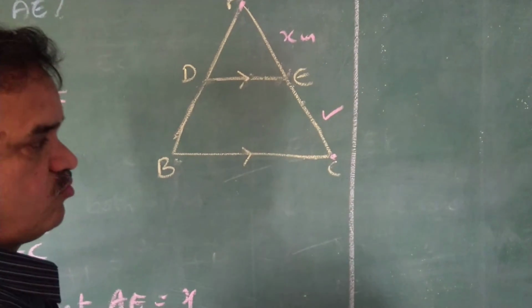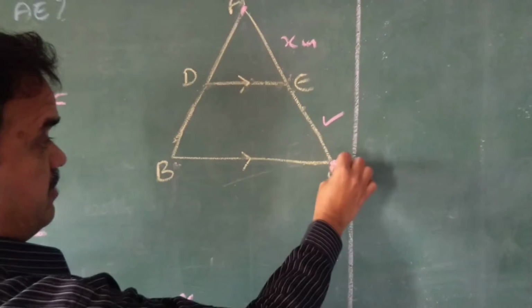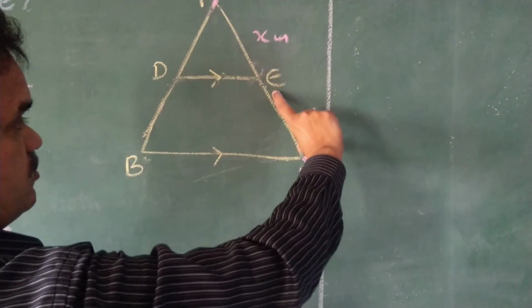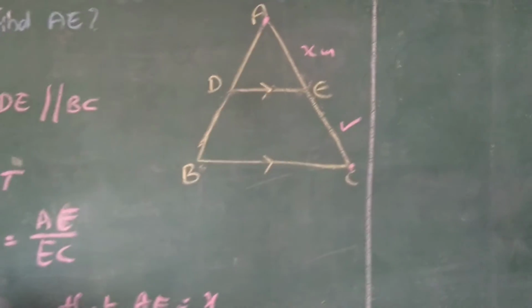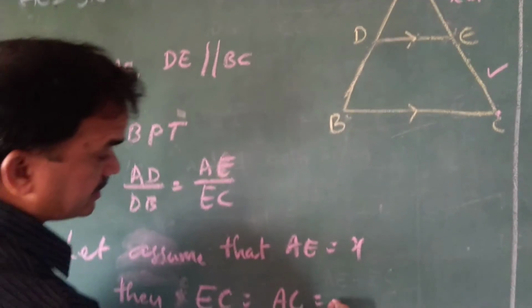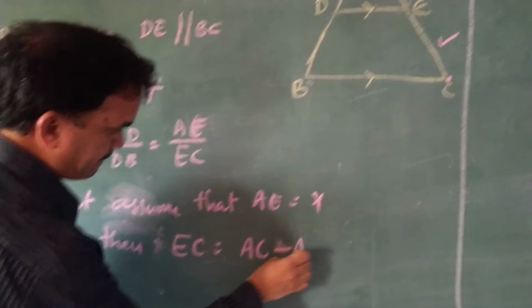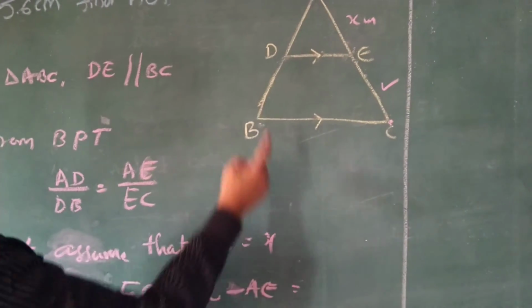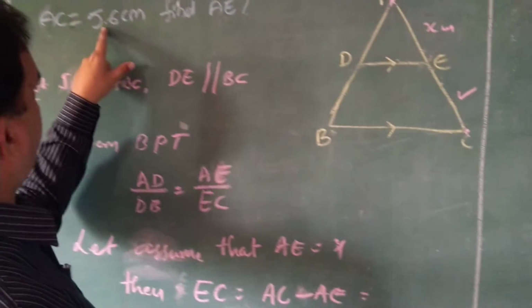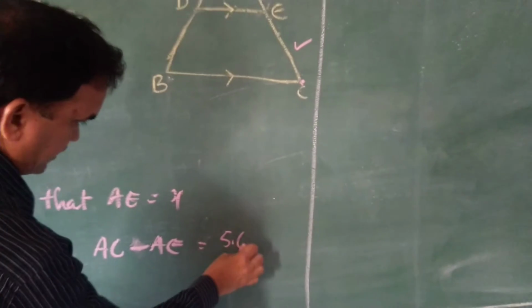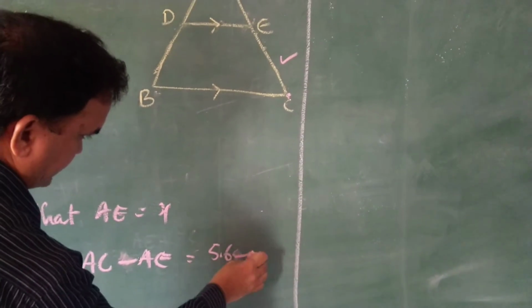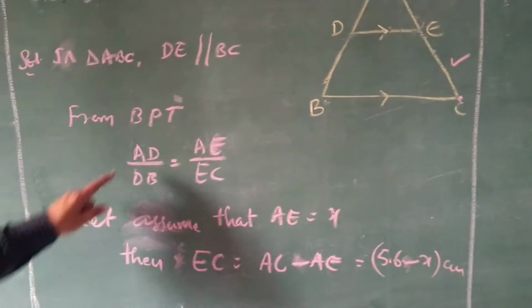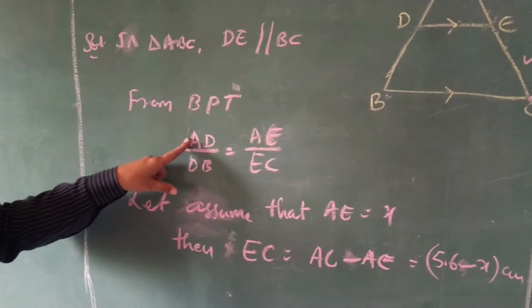Once again, AC minus AE is equal to EC. Here AC is already given as 5.6 centimeters, so EC is 5.6 minus x centimeters.